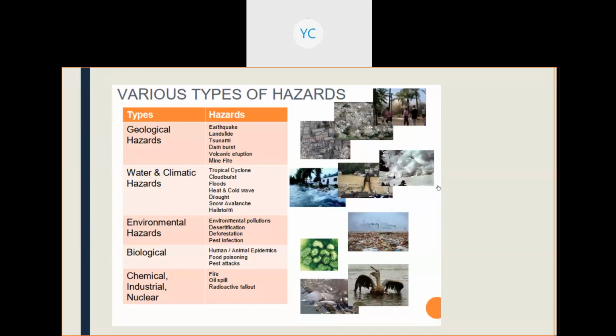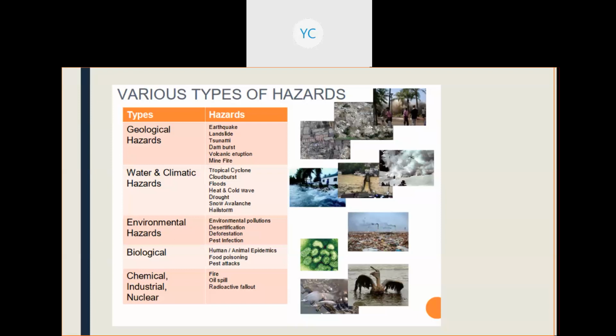A cyclone actually occurs because of a depression, or a sudden lowering of the atmospheric pressure. If somehow some air is sucked out of the atmosphere at a certain area, immediately the pressure will drop, because we all experience the pressure of the air above us. If you suck out the air, there will be a reduction in pressure.